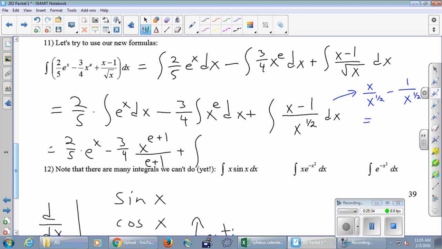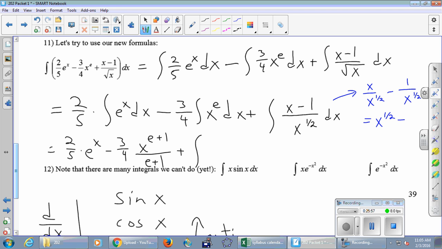And we've kind of just seen that x to a power is a really nice thing inside of an integral. So we're heading to a place where they all look like x to a power. What do you do with the powers in this first fraction? Subtract them, right? So 1, the invisible 1 minus the half. So this is really x to the half when all is said and done. Minus.